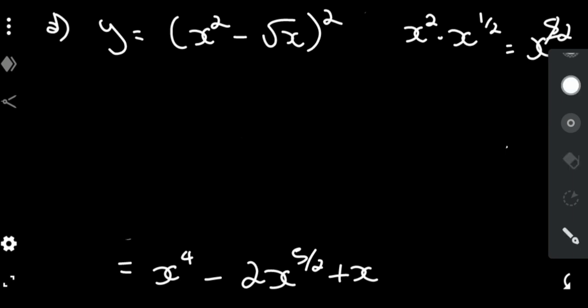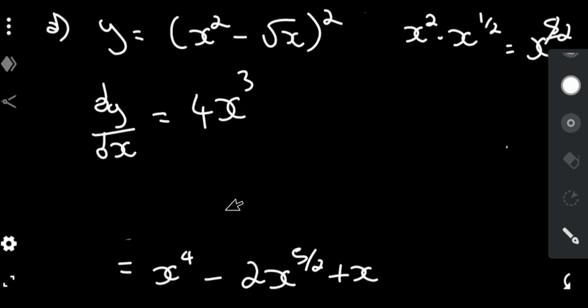To differentiate this function, it's simply dy dx is equal to 4 times 1, it's gonna be 4x to the power of 3. 4 minus 1 is 3, and then negative 2 times 5 all over 2, we're gonna get negative 5x to the power of 5 over 2 minus 1, we're gonna get 3 over 2.